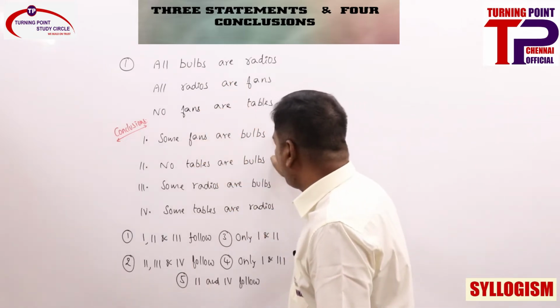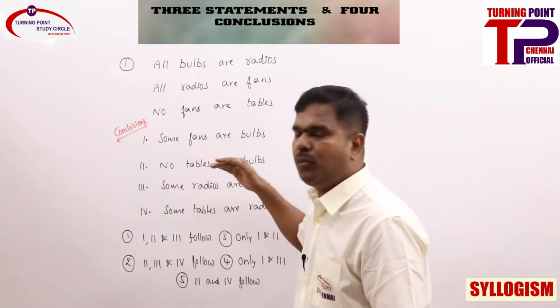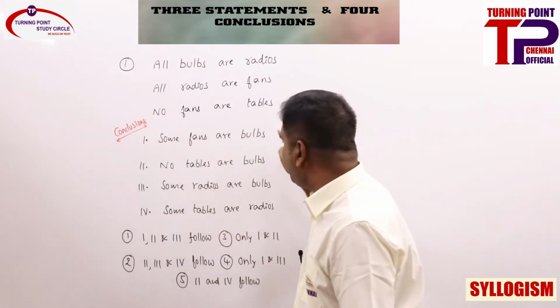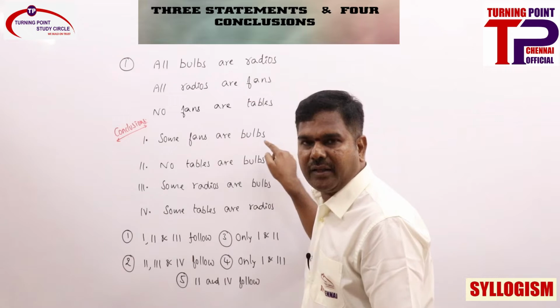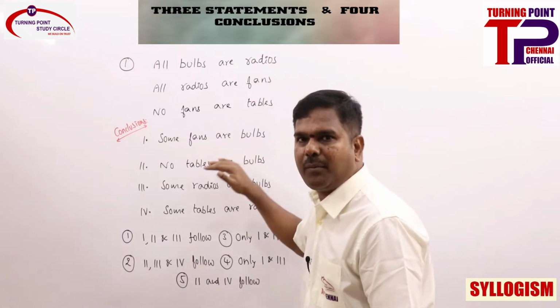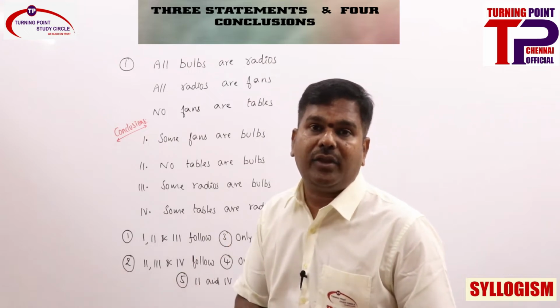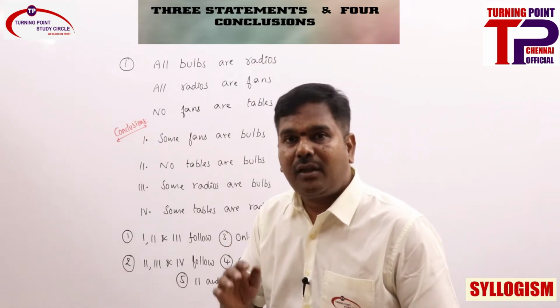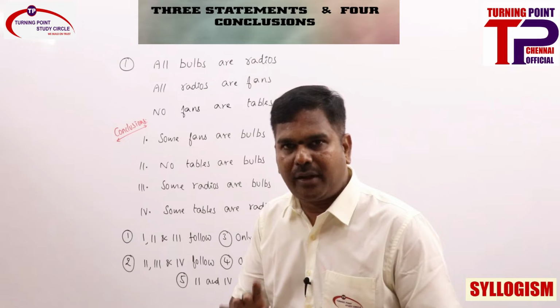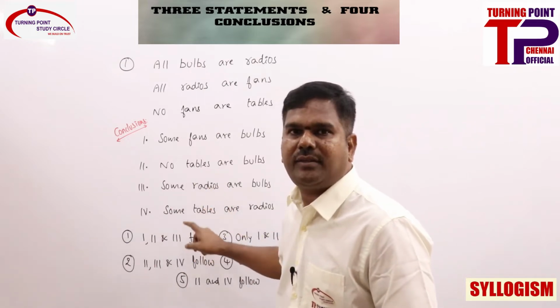Accordingly, we decide whether this one follows or not, and move ahead with the second conclusion. If it follows, we put a tick mark. If it doesn't follow, we put a cross mark. Same like that, second conclusion, third one, fourth one, and so on. Finally we check the complementary pair. Then only we decide the answer.